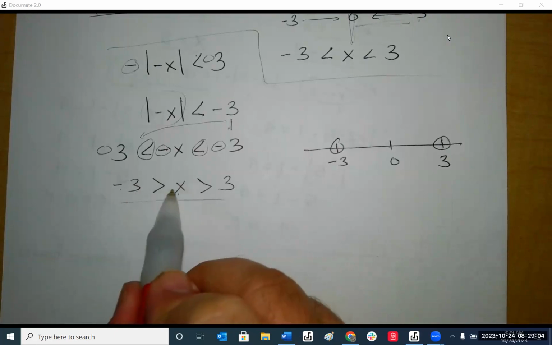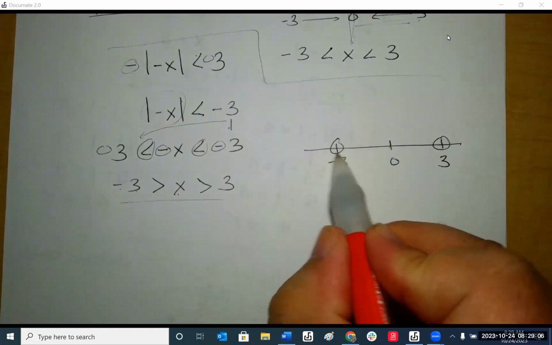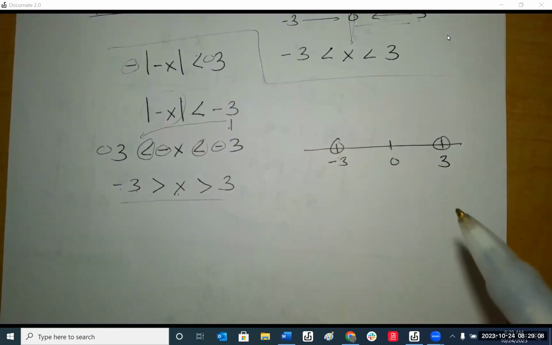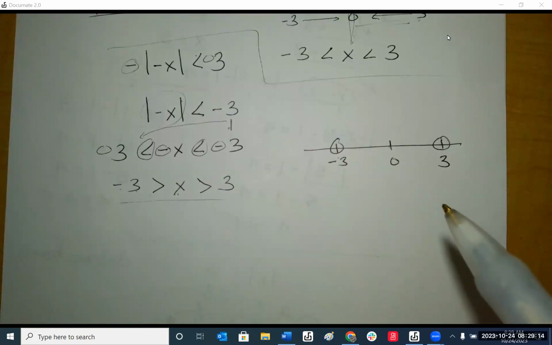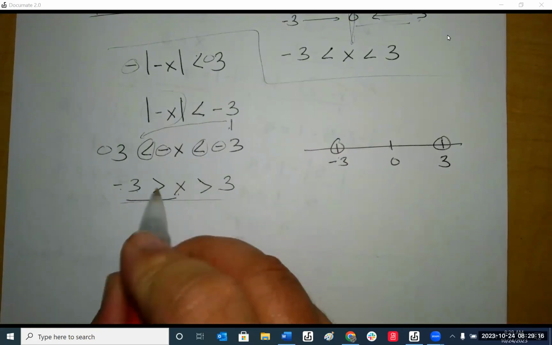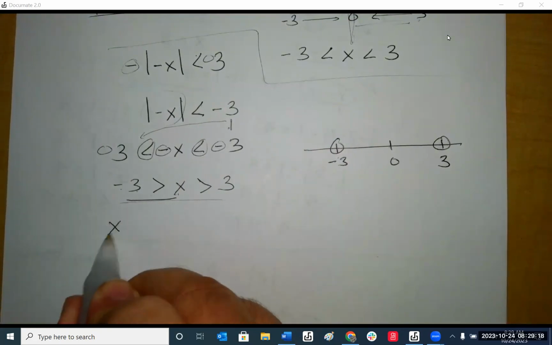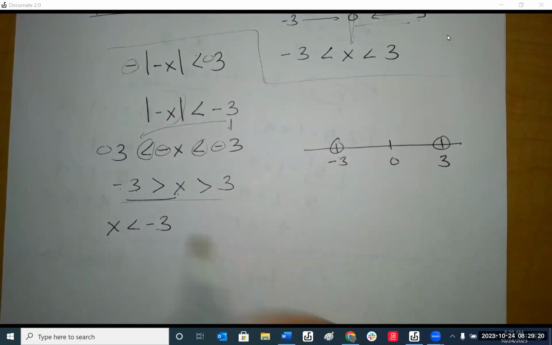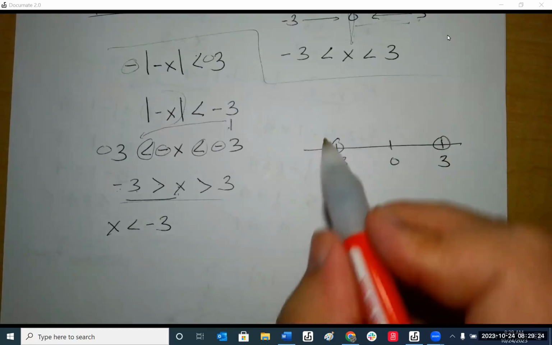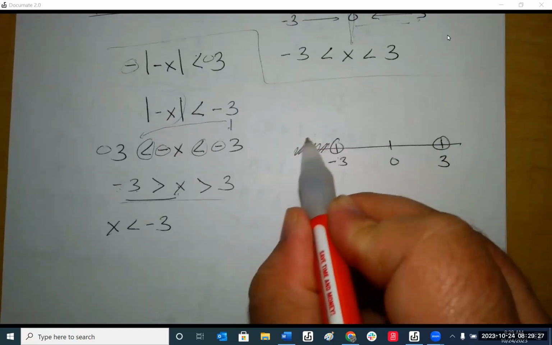If -3 is larger than x, from -3, which side do I shade? Let's look at this one. Let's move the x on the other side. -3 is larger than x means the same thing as x is less than -3. So it goes this way.